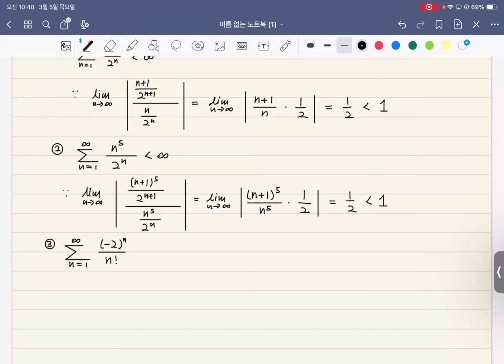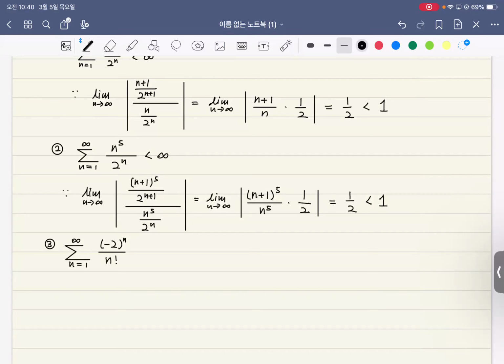Okay, so this one looks even crazier than before. Well, first, this is an alternating series, right? And the numerator is an exponential function, and the denominator is a factorial function. And we know that the factorial function increases even faster than the exponential function. So in this case, I am pretty sure that this one should be convergent.